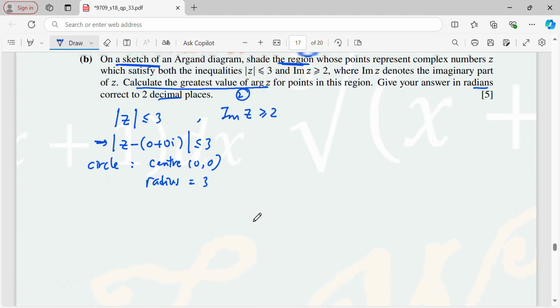Okay, so now whereby the imaginary z, I let my z be x plus iy. Therefore, imaginary part is basically y. Hence, my y is greater than or equal to 2.